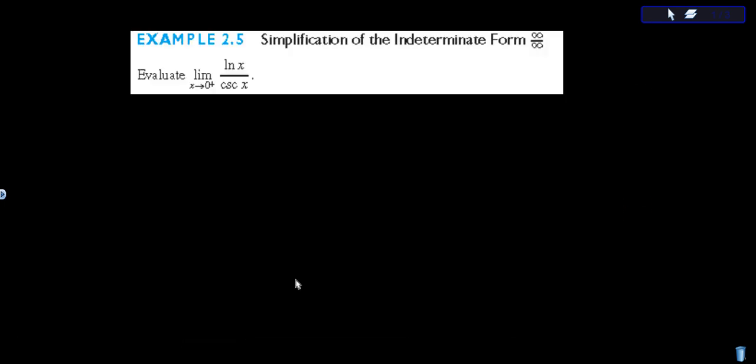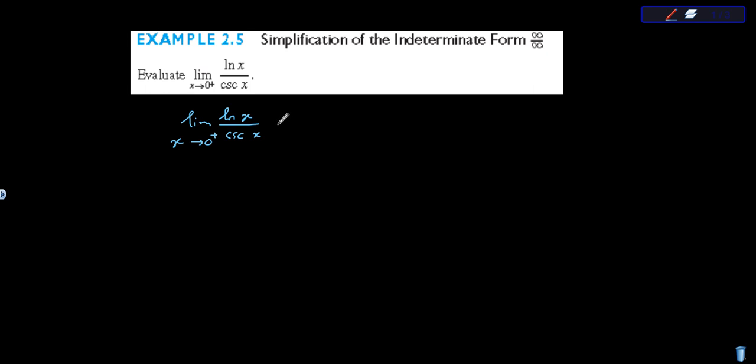Here, simplification of the indeterminate form of infinity over infinity. Okay, let's start. Evaluate the limit of ln x over csc x as x approaches 0 from the right.